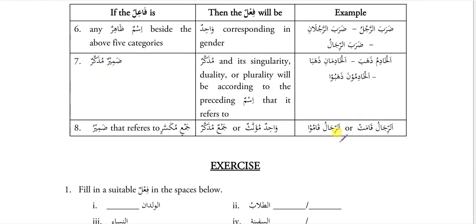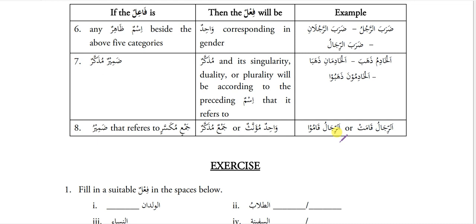Now point number 6. If fa'il is ismu zahir, then even if the fa'il is wahid, tasniya or jama, the fi'l will always be wahid, which I already explained: daraba rajulun, daraba rajulani, daraba rijalun. Here the fa'il is wahid, tasniya and jama, but the fi'l remains the same.